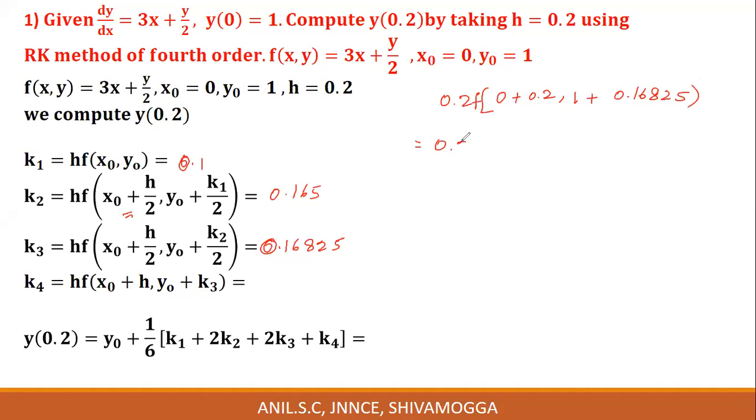Therefore, this is equal to 0.2 into f of 0.2, 1.16825. Use the definition of f of x comma y and simplify this. 0.2368, that's correct.